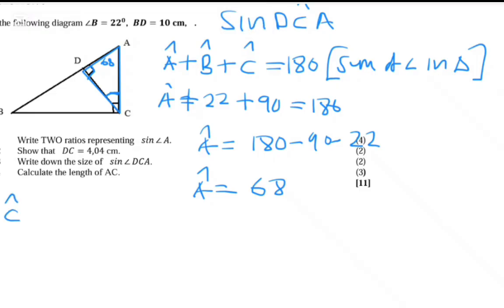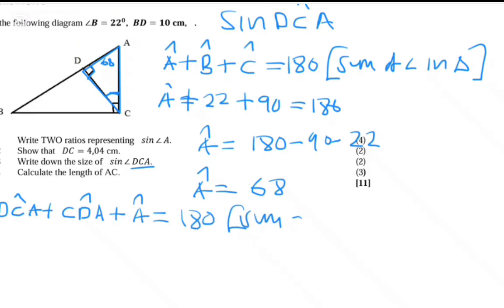We're going to say angle, not C, this is not going to be angle C, it's going to be this one that they say DCA, plus angle CDA, plus angle A that we just found there. If we add those terms, we're going to get 180.